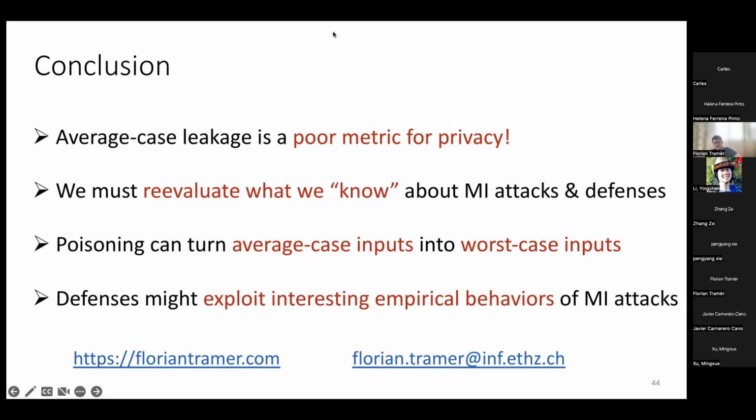It turns out that when we look at attacks in this low false positive regime, we don't know how to make use of white box access to make the attacks stronger. This is one of the things I mean when I say that we have to reevaluate what we know about membership inference attacks.